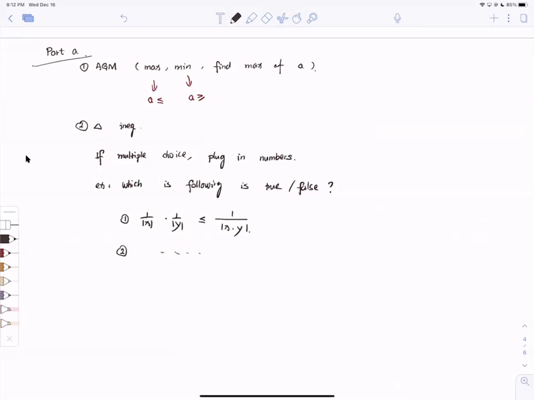Doesn't matter what the options are. If it's true, it has to be true for all real numbers or for all positive real numbers, whatever the restriction is. So you plug such numbers in, okay? Don't try to prove them. That's gonna waste a lot of time. If it's multiple choice, plug numbers in. Don't waste your time on anything.